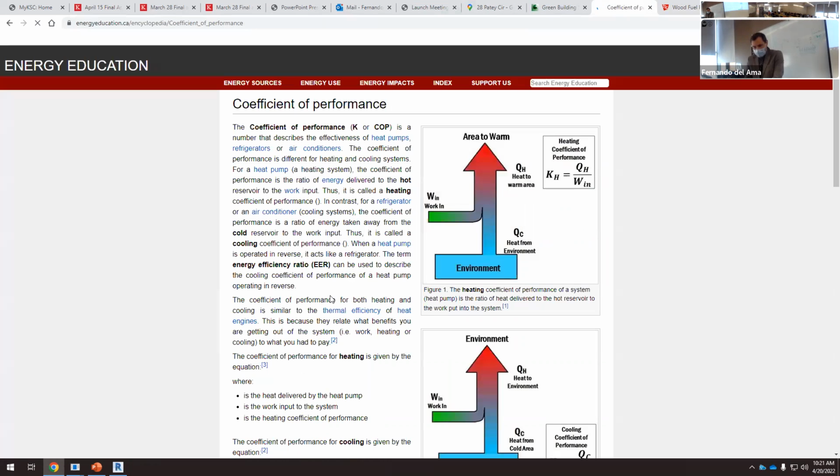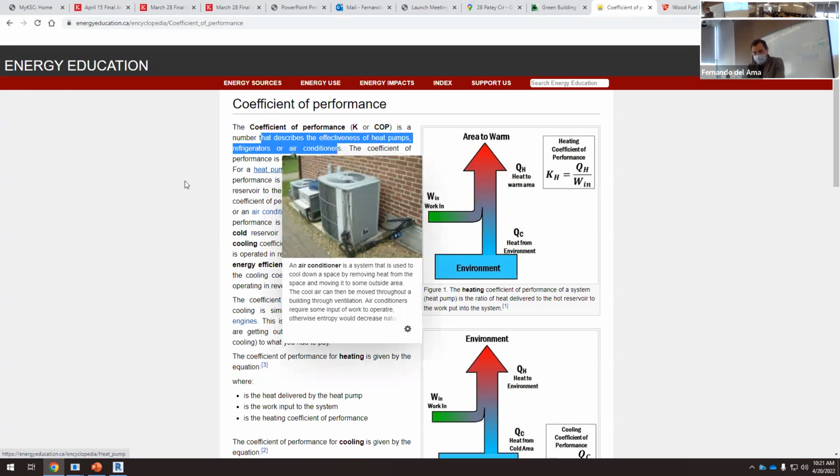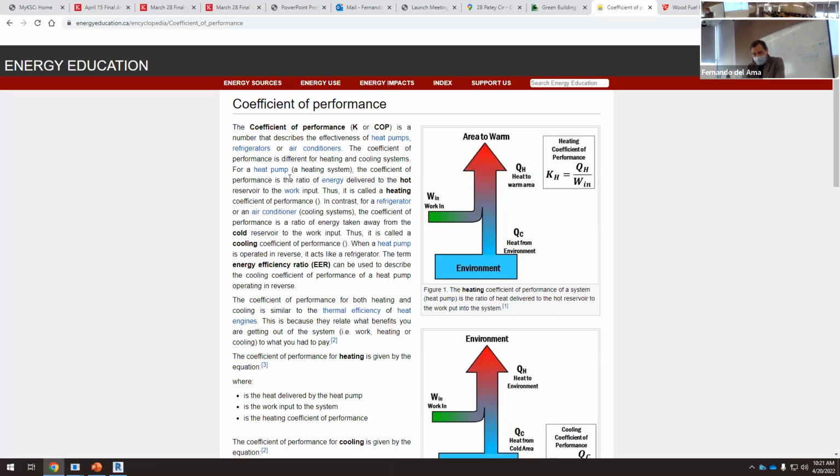What is it? It's a number that describes the effectiveness or efficiency of heat pumps, refrigerators, or air conditioners. It is a ratio of energy delivered to the hot reservoir to the work input. What does it mean? Yeah, what is the coefficient of performance?